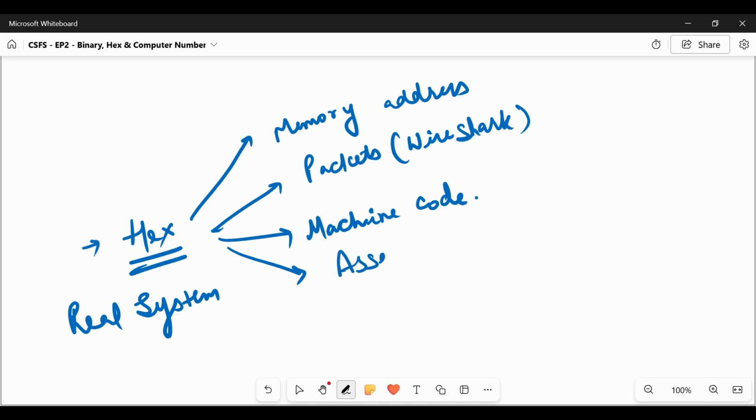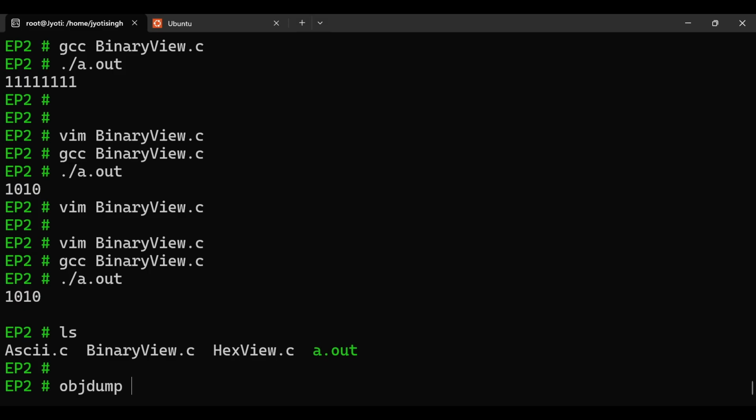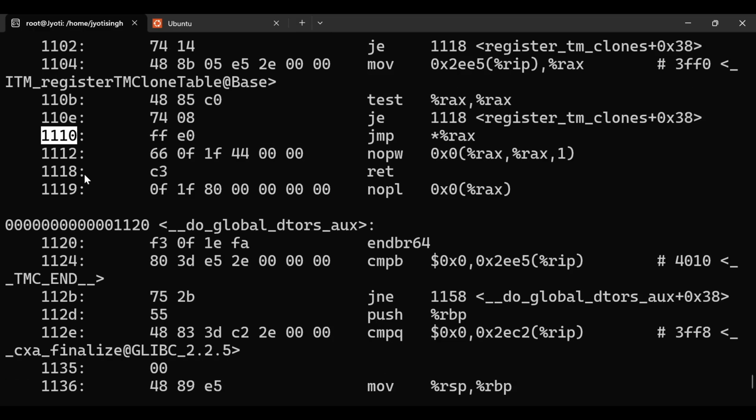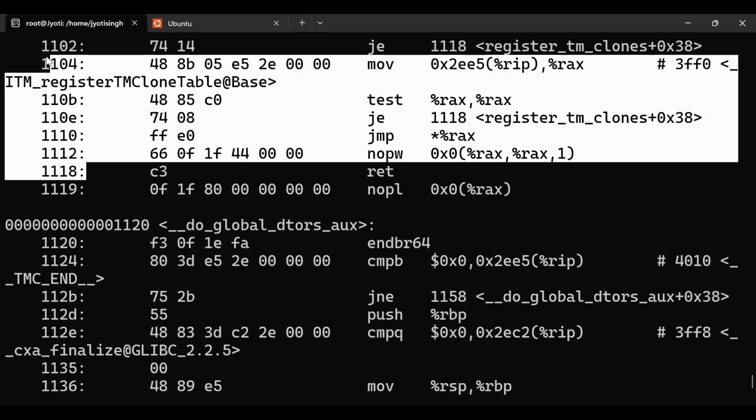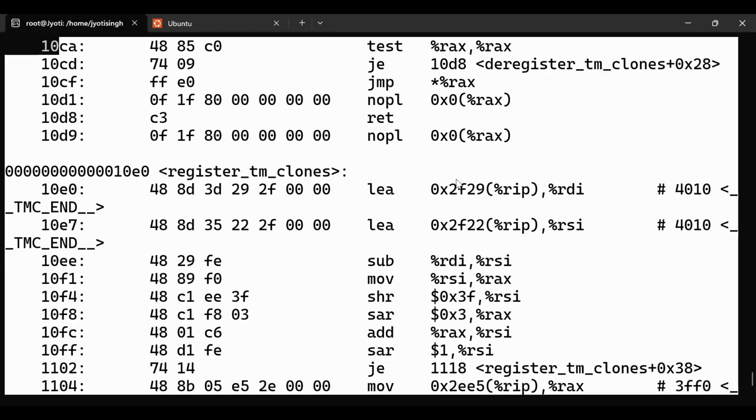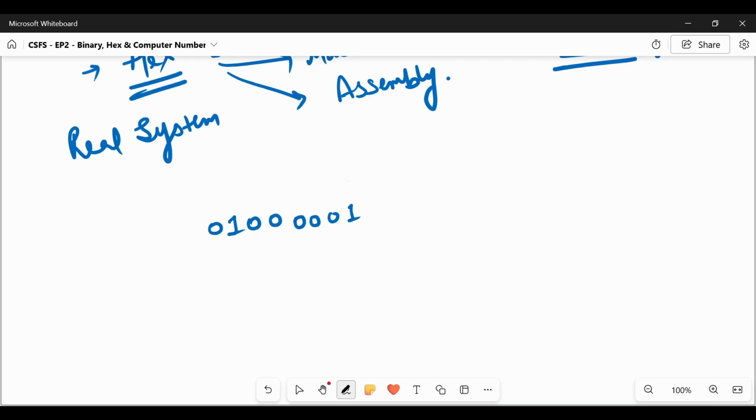Assembly format, I will show you the assembly as well. So addresses are in hexadecimal format only, right? So like we have this value, this will be bit 0 and this will be bit 7. So 6, 5, 4, 3, 2, 1. So only 2 bits are high.